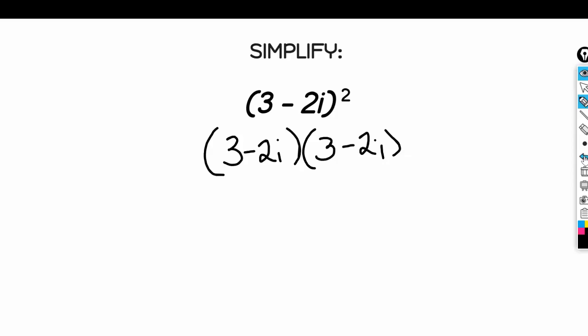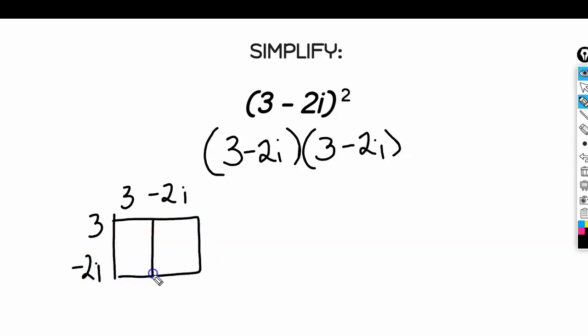When we multiply complex numbers, we will also use the box. So I've got 3 minus 2i, 3 minus 2i. I can make my box. In the first space, I've got 3 times 3, which is 9.